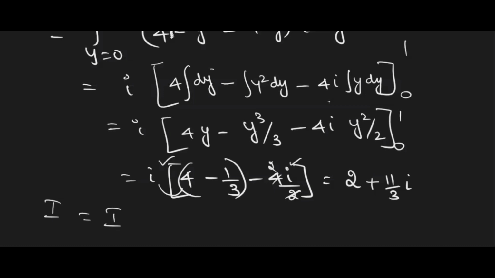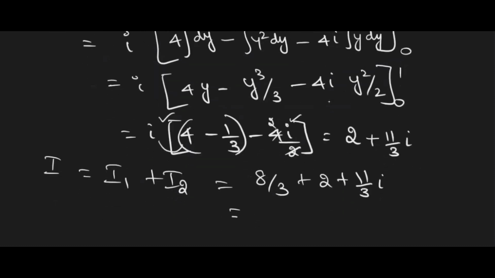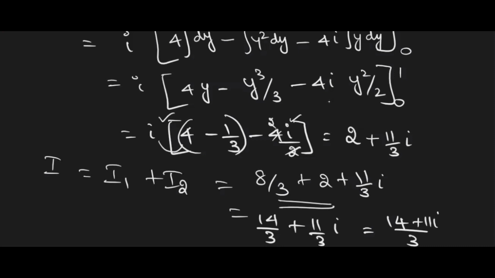I is equal to I1 plus I2 to reach the point. The first answer was 8 by 3 and the second answer was 2 plus 11 by 3 i. You can simplify these two. 3 2s are 6, 6 plus 8 is 14. So 14 by 3 plus 11 by 3 i, which is again (14 plus 11i) by 3.